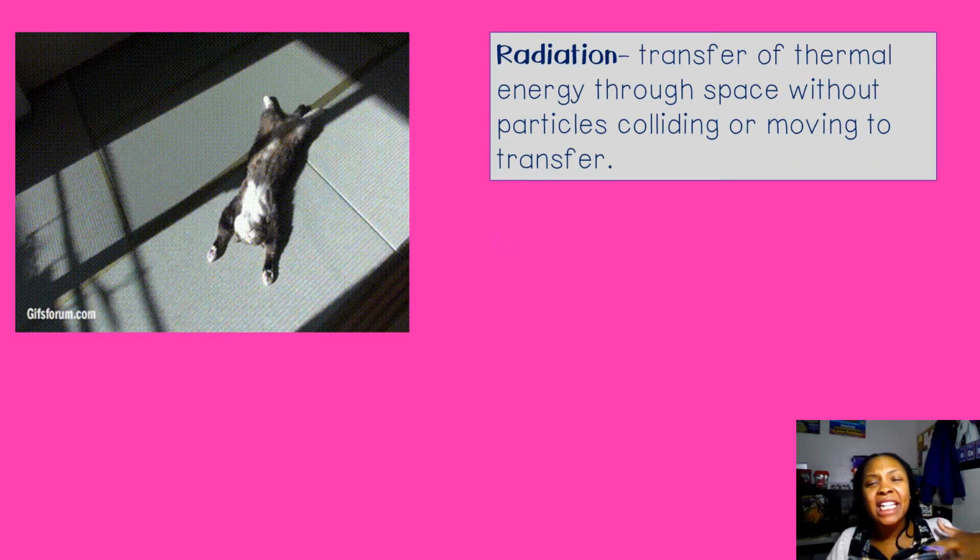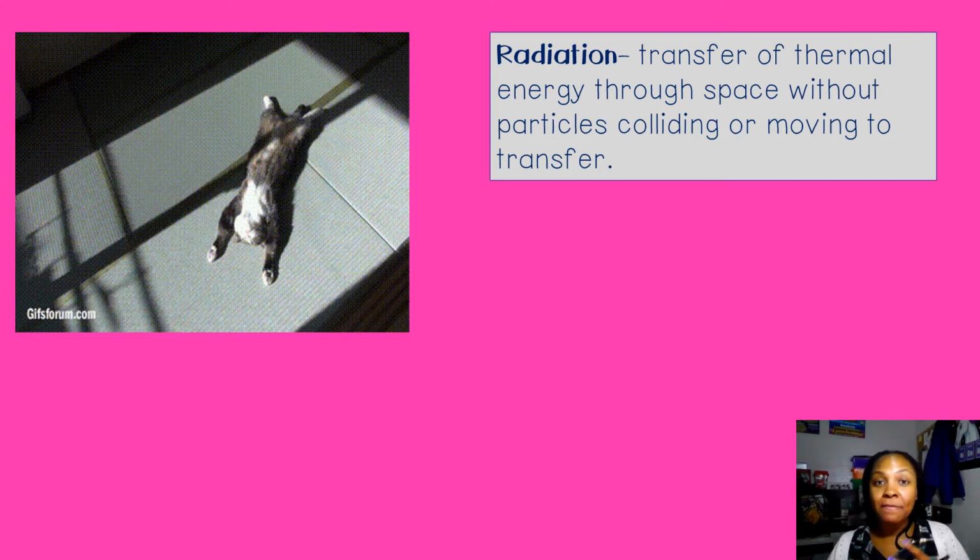So radiation is the transfer of thermal energy through space without particles. That means it's without conduction, without that direct contact, without particles colliding. Colliding means they're coming together. It's not touching, and it's not moving to transfer.